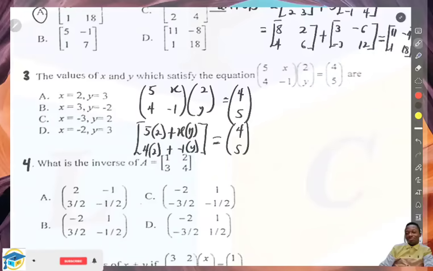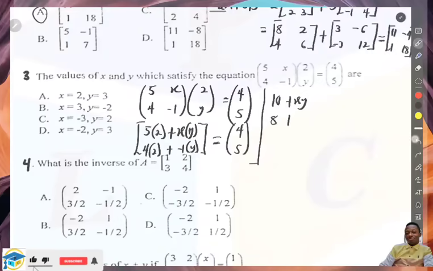Okay, so once you're able to get this, let me create a space here. So 5 multiplying 2, you are getting 10. Okay, x multiplying y, you are getting xy. And that should be equal to, okay, let's also have this. We also have 8.